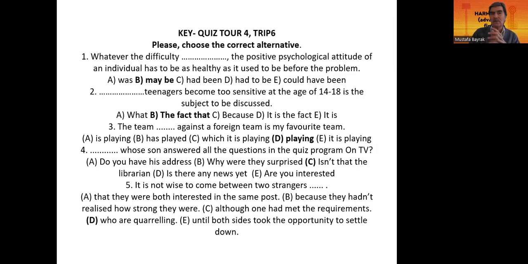The team which is playing against a foreign team is my favorite team. Okay. So it is necessary. But we can omit because of to be, which is. So the team playing against a foreign team is my favorite team.